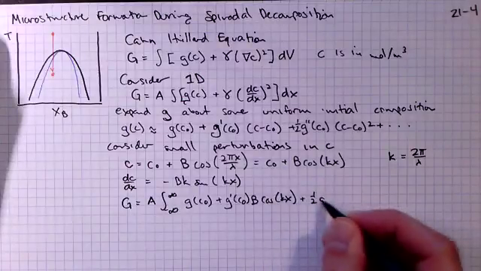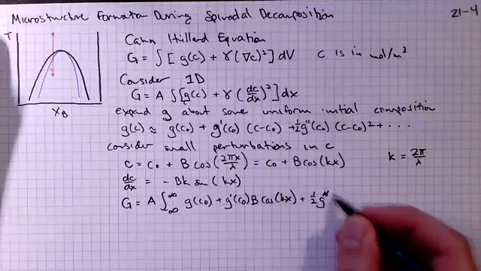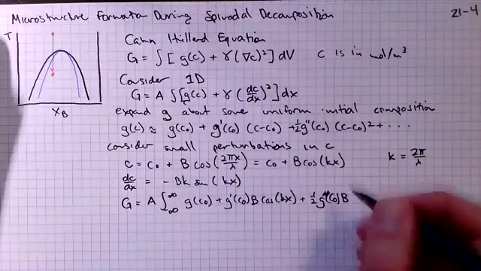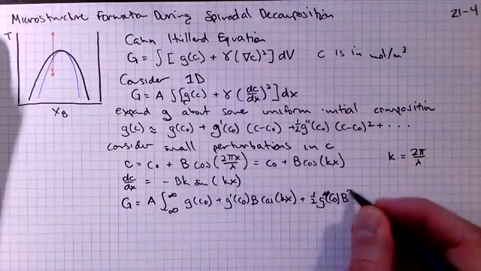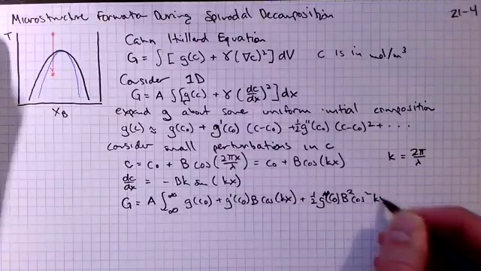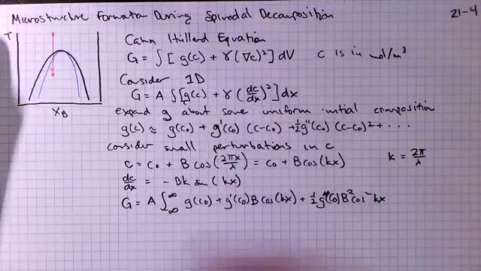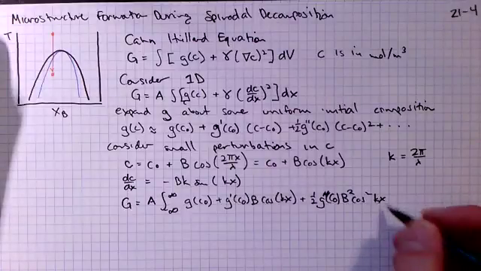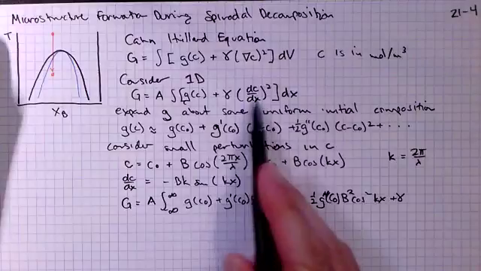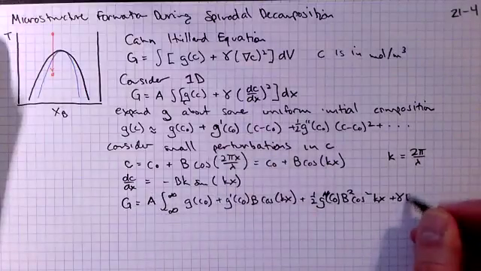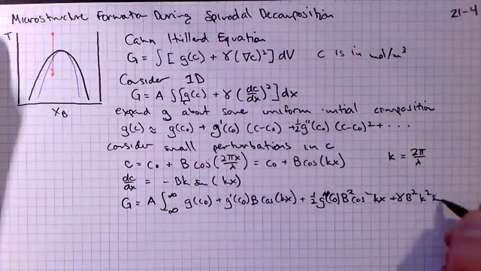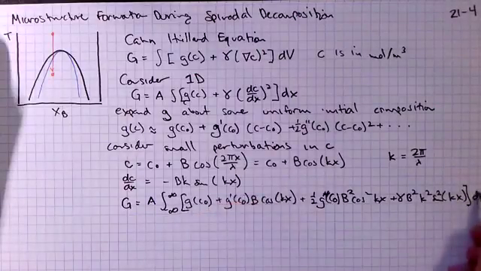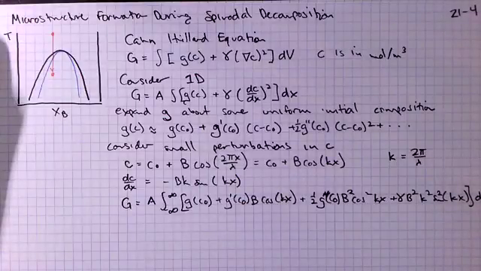Plus 1/2 G'' at C0 times (C minus C0) squared, which would be B squared cosine squared kx. Okay, so this would be all from the first term, and then from the second term we would get plus gamma times (dC/dx) squared, so times B squared k squared sine squared of kx. And all this would be integrated over dx. Okay.